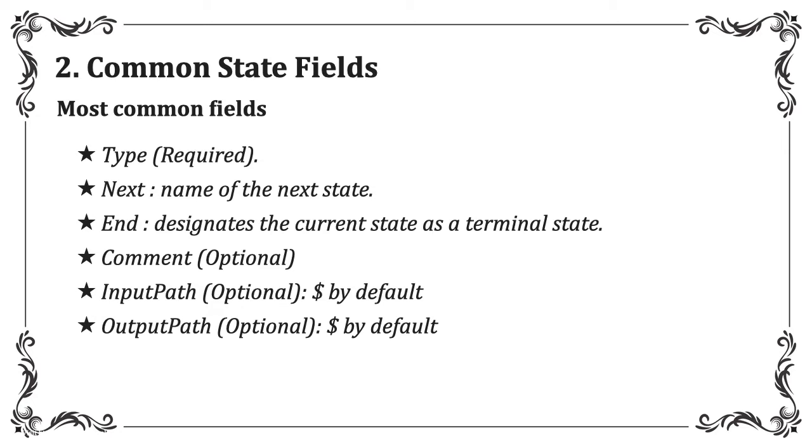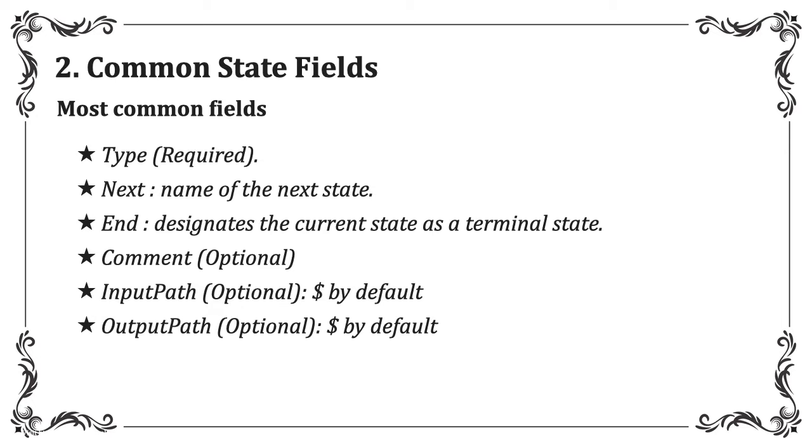The Next field is the name of the next state that is run when the current state finishes. Some state types, such as Choice, allow multiple transition states.